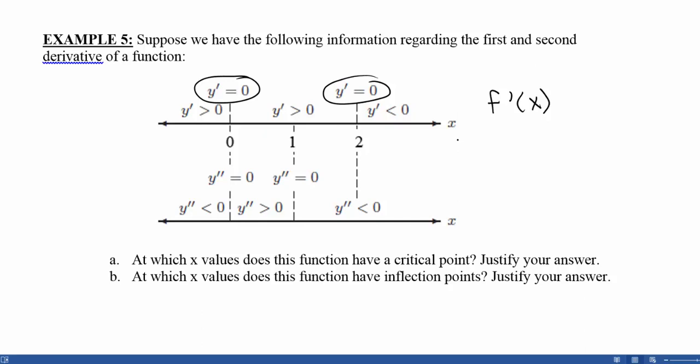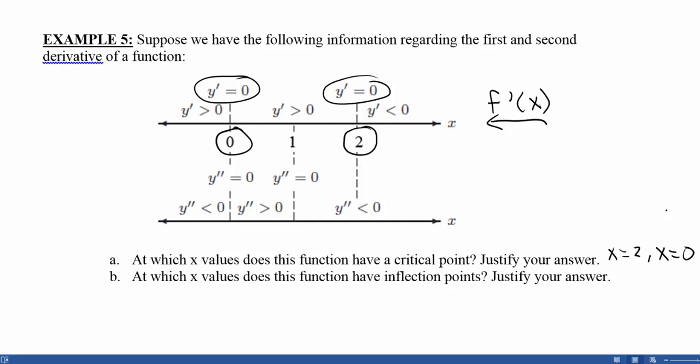So the first derivative is the first line on the top here. So my first derivative is going to equal 0 at 2 and at 0. So I'm going to have critical points at x equals 2 and x equals 0. Because again, that's where my first derivative equals 0.